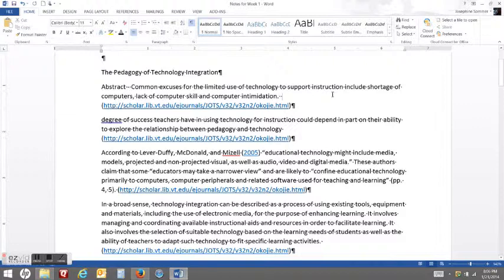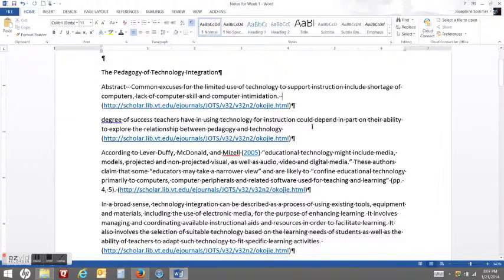I think lack of computer skill and computer intimidation could be for the first group, the teachers with more than 20 years of experience who are very resistant. I think that part would relate to them.